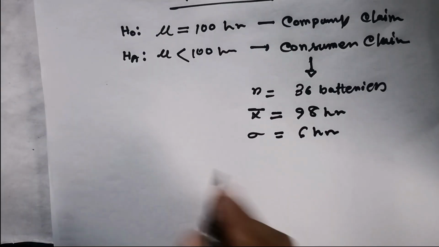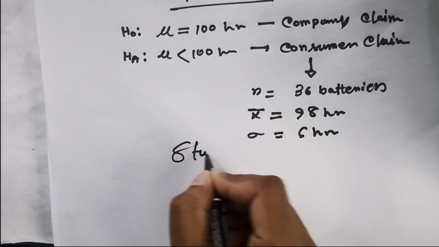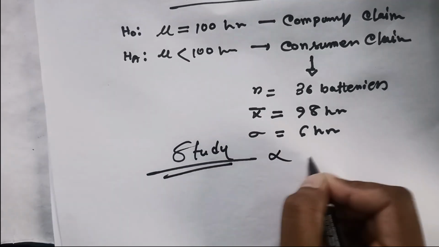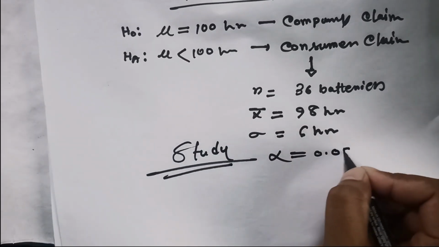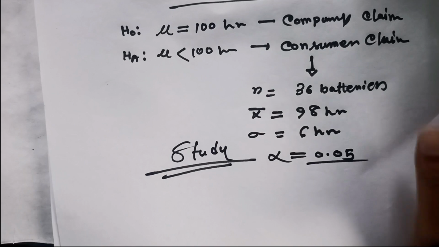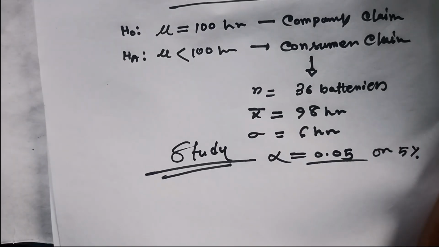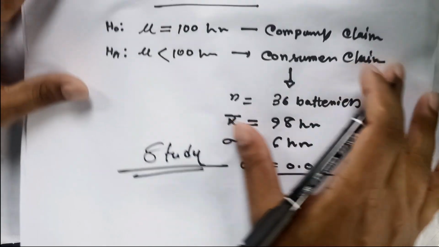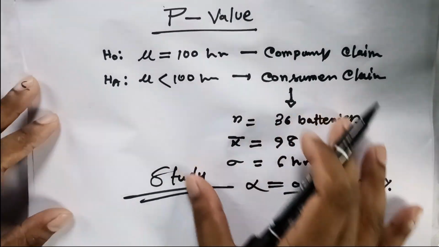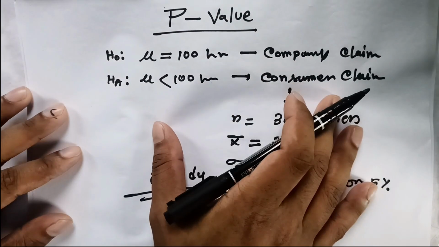And in this study we have a level of significance of 0.05, or 5%. So this is our scenario for a test.